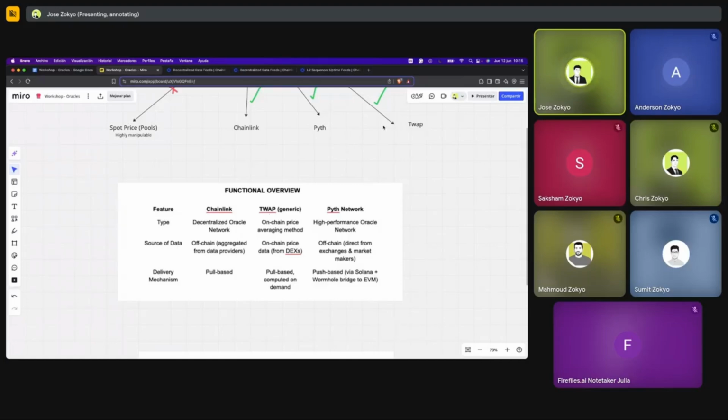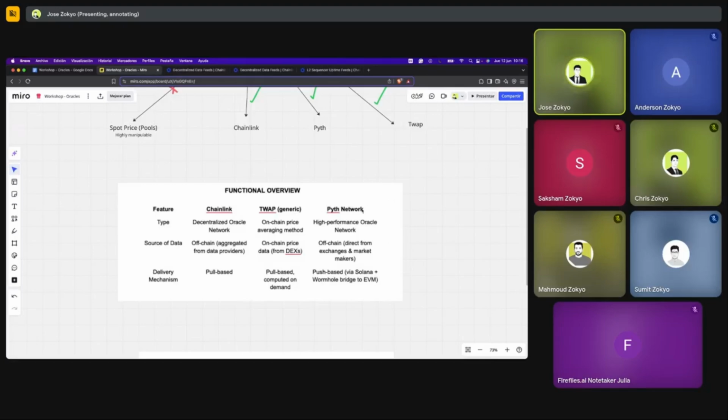As I said, we are not going to get really deep into TWAP, but in the future we can do a workshop about it. But if you are curious, you can also check the Uniswap docs, which have a really good article about how TWAP works, and they also have some examples of how many funds you would need to manipulate the TWAP depending on the time frame that you are choosing.